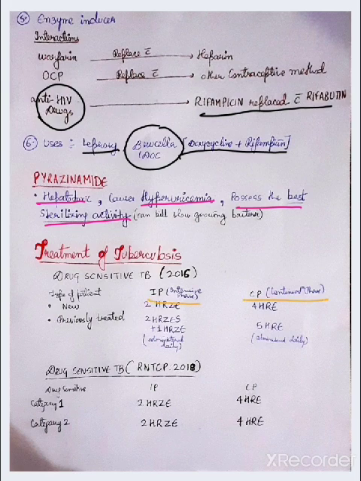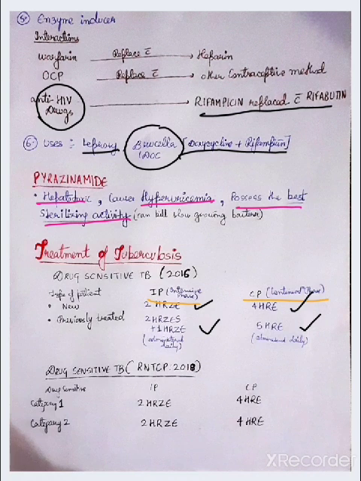In the intensive phase for a new patient, we give 2 HRZE and continuation phase 4 HRE, and in a previously treated patient we give 2 HRZES plus 1 HRZE. Here the 2 denotes months and the 1 also denotes months. These are administered daily in the intensive phase, and 5 HRE is given daily in the continuation phase.